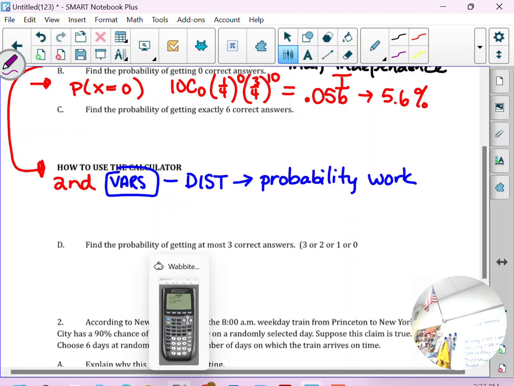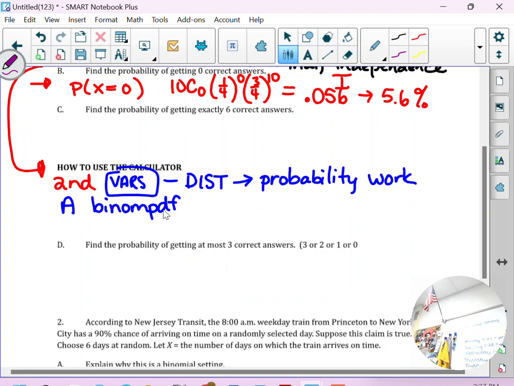Okay. And we arrow all the way down to A. So we have the binomial PDF, binomial probability distribution function.